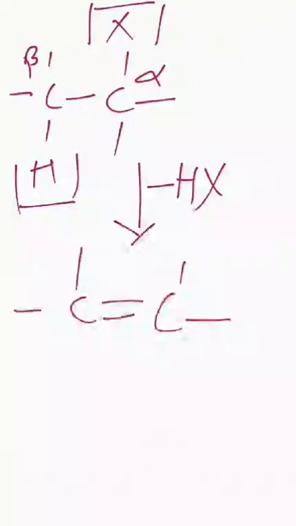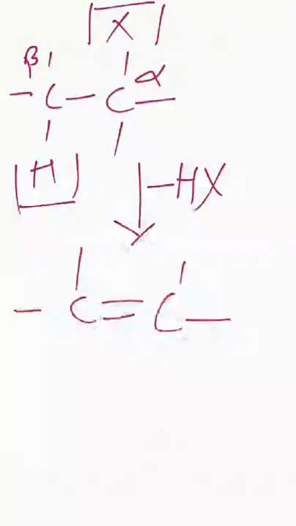So the hydrogen is removed from the beta carbon, that's why it is called beta elimination. Because the elimination takes place from the first carbon and second carbon, we can also call it 1,2 elimination.